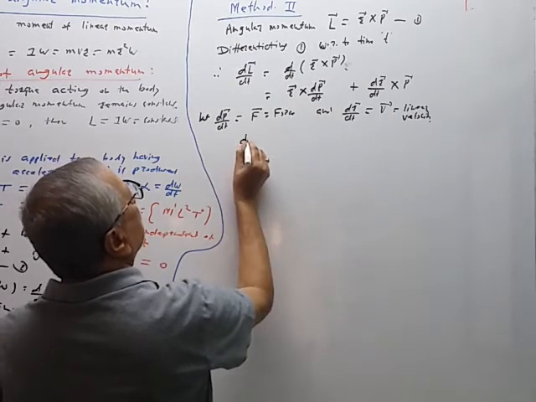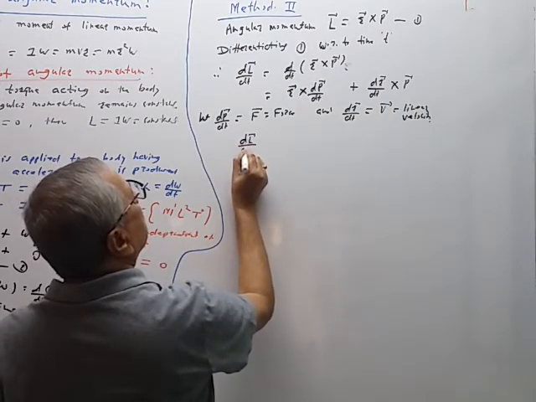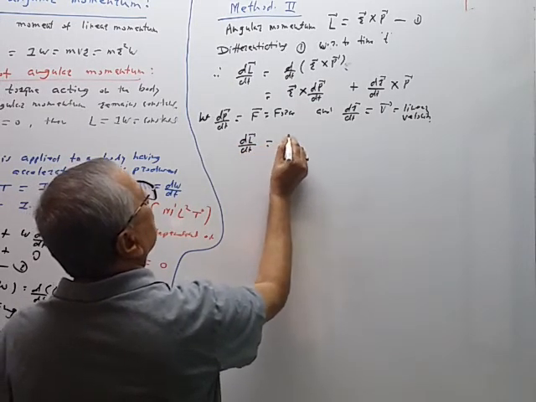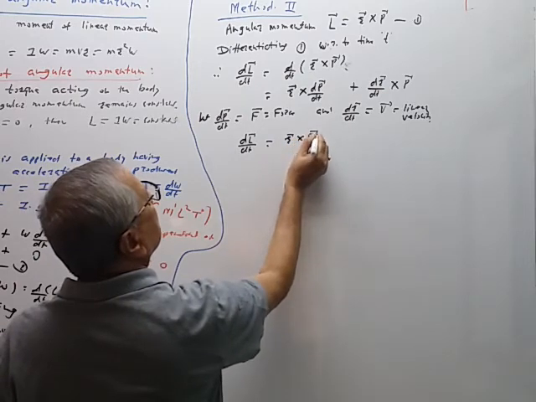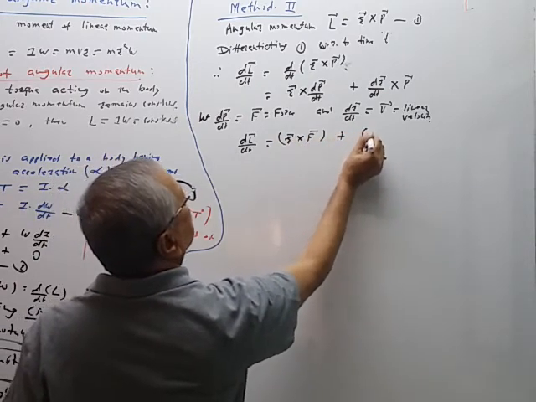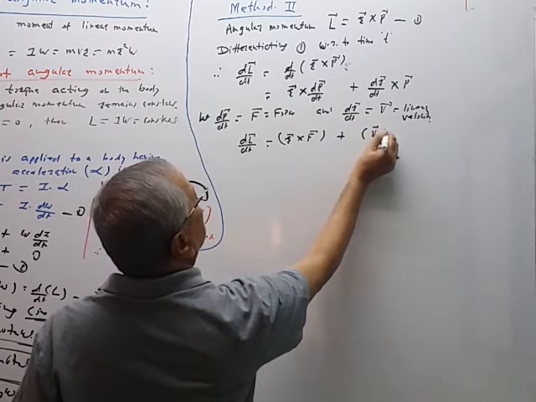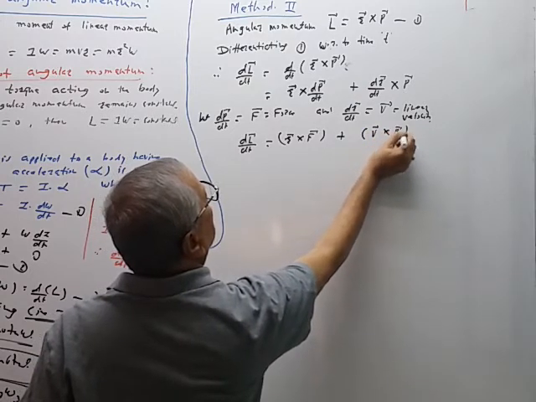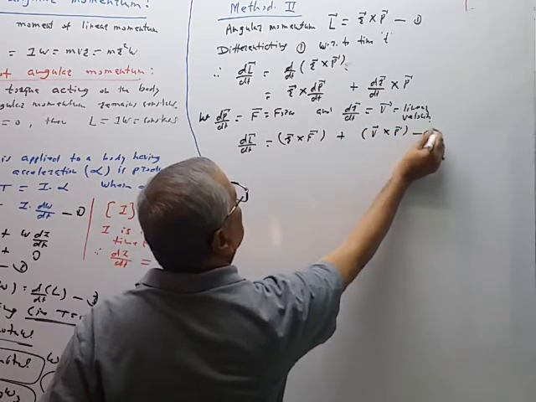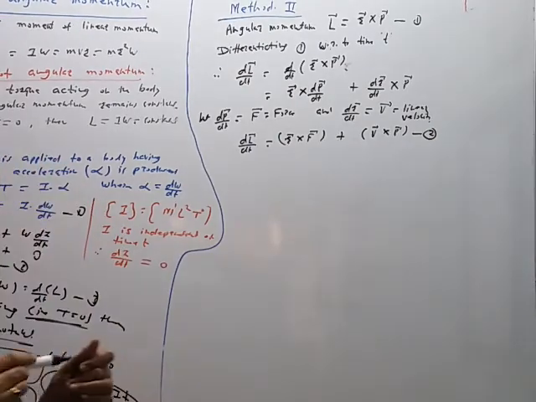Therefore dL by dt is equal to r cross F plus v cross p. So this is equation 2.